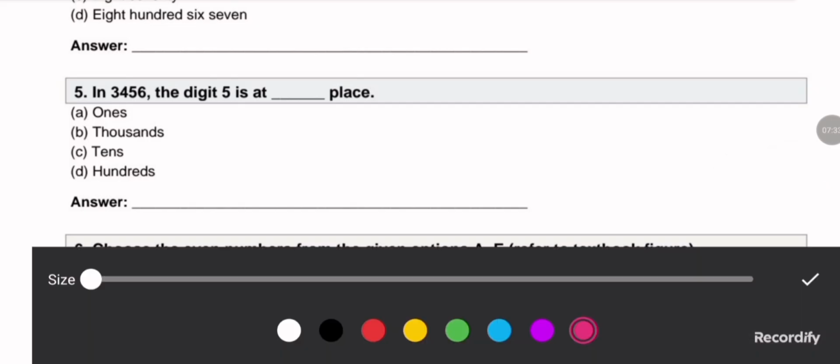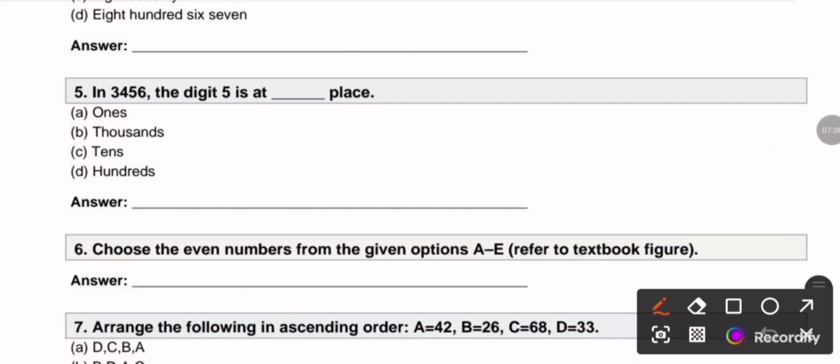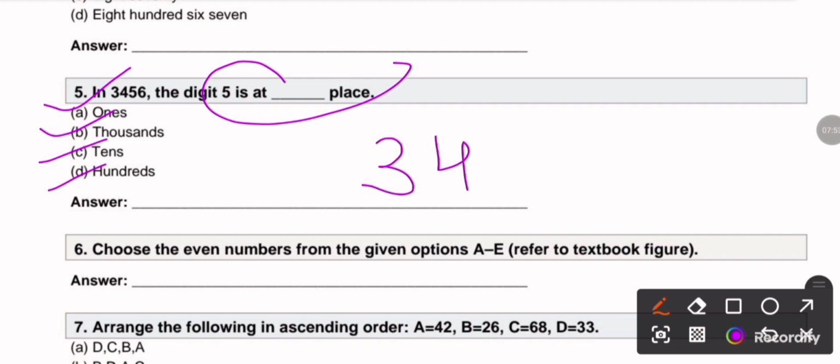Next question is, in 3456, the digit 5 is at dash place. We have to find the exact position of 5. See the options: ones, thousands, tens, hundreds. So write down the number 3456. Right hand side, left hand side.